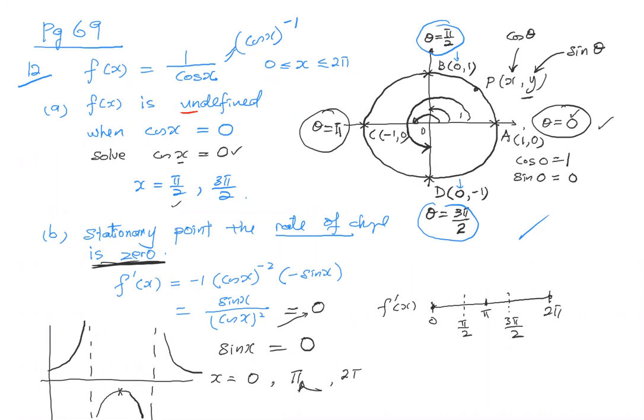Here come back again, 1 round. Here is 2 pi. Here theta can be 2 pi also. You come back to the same one. 2 pi means you go from here, go 1 round, come back to here. That's called 2 pi. Okay? So here got 2 pi.